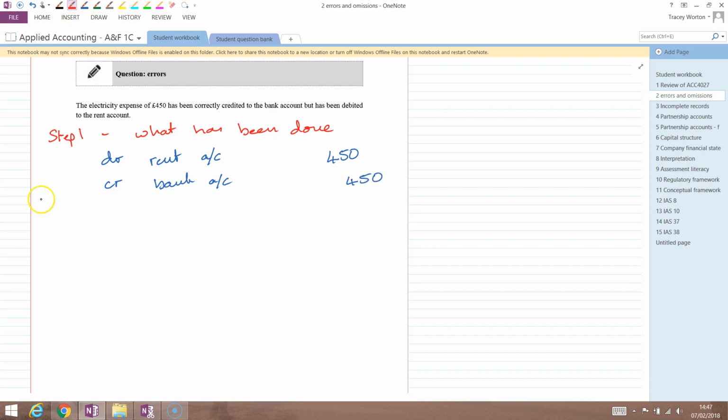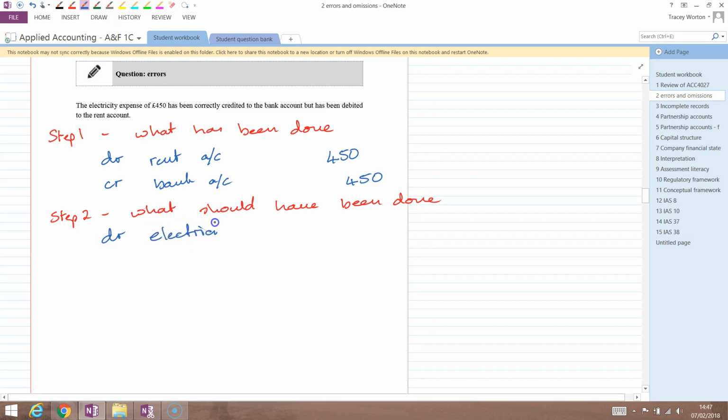So now step 2, what should have been done? So we should have debited an electricity account with the 450 and credited the bank account with 450.